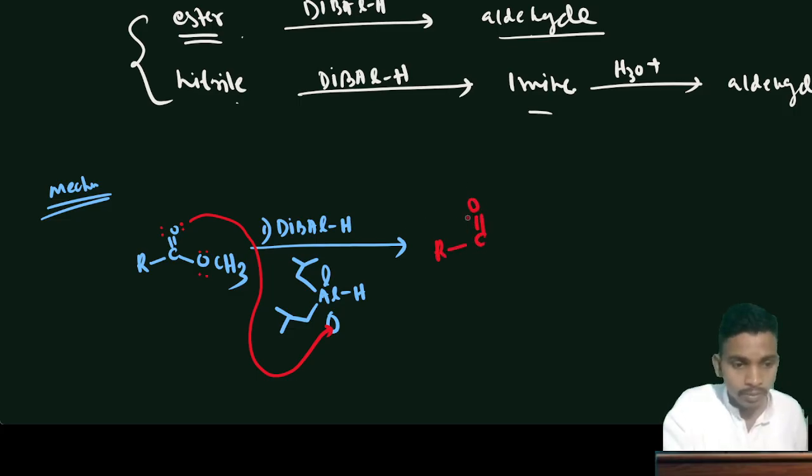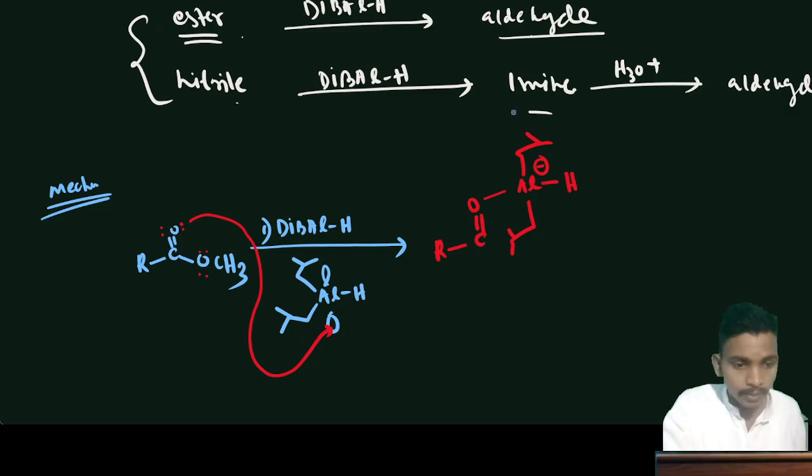R-CO, here we have aluminum, here we have the isobutyl groups, and here we have the hydrogen atom. Okay, now to get the negative charge, the octet is completed and this becomes an electron-rich group.